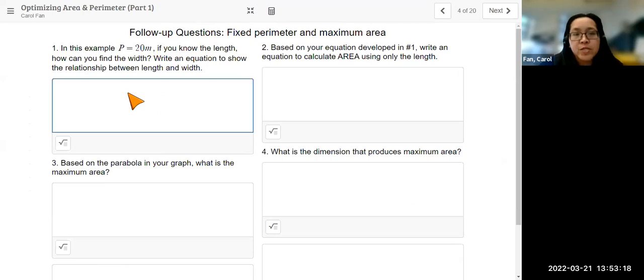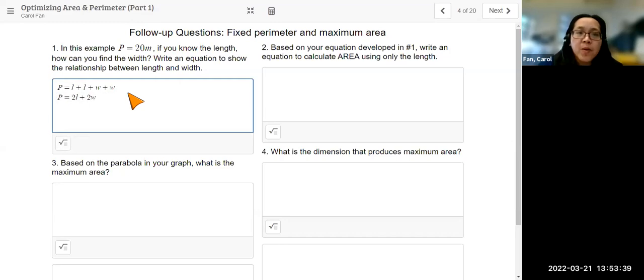So I'm going to first write out my general equation. I know that perimeter is equal to length plus width plus width. So I can simplify that to say perimeter is 2 lengths plus 2 widths.